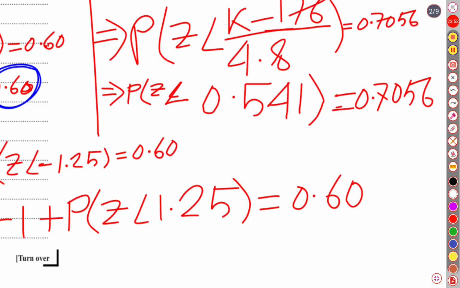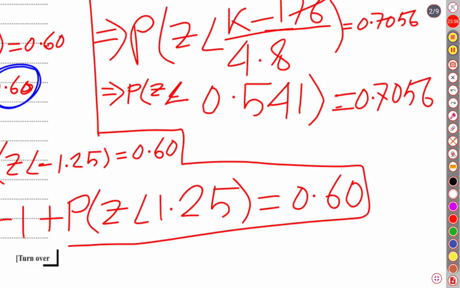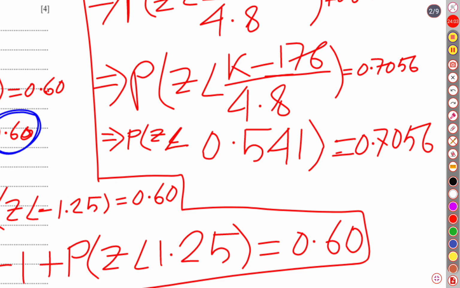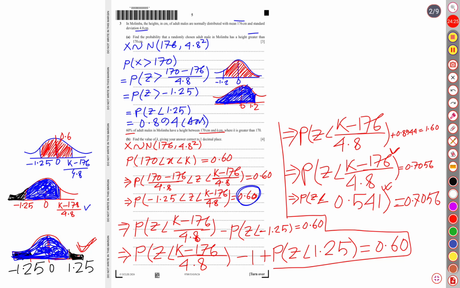Okay, now if we look at the question, look at this, both of them are z-scores. So surely this z-score must be equal to this one, because both of them are our z-score. So (k minus 176) over 4.8. Hence we can write, let me find a space to write this. I think we can continue writing over here.